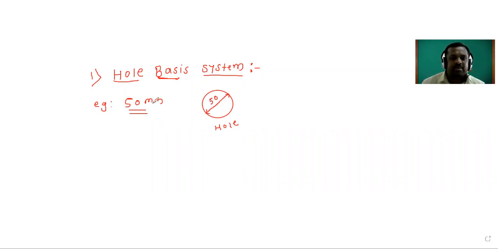Now what do we have to do in the hole basis system? In this hole basis system we have to fix the size of hole, and vary the size of shaft to achieve the various fits.